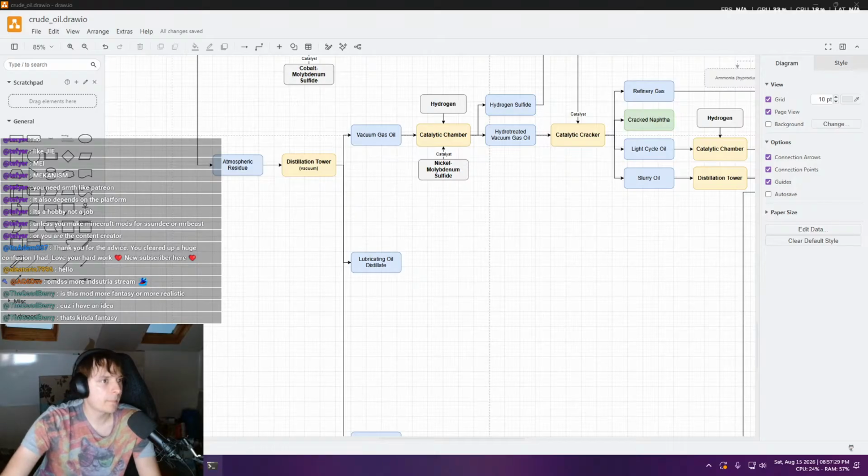Okay, so apparently it needs to be combined with something called furfural, which I've never heard of before. Basically, it's very important, from what I'm understanding.